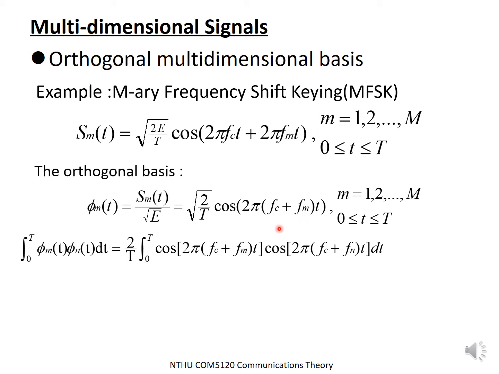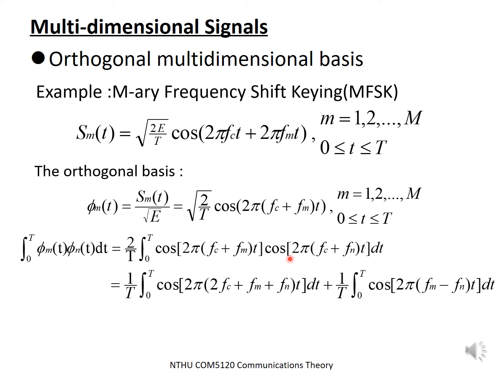By doing this finite integral, we use the product of two cosines, cosine A cosine B equals one half of cosine (A plus B) plus cosine (A minus B), the basic formula.